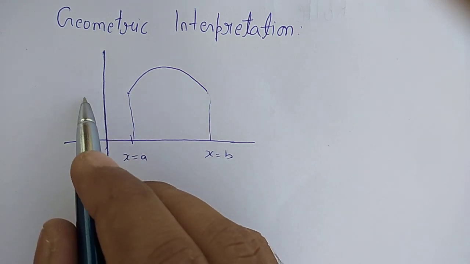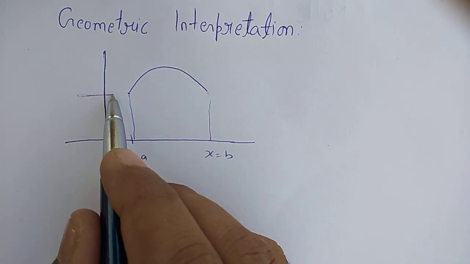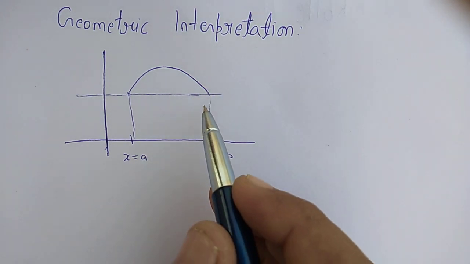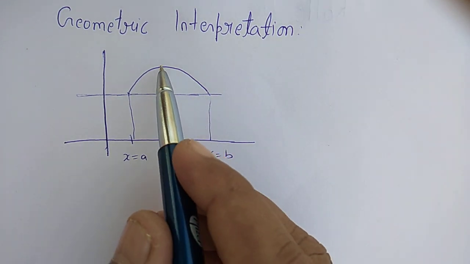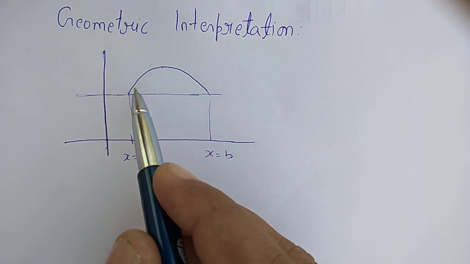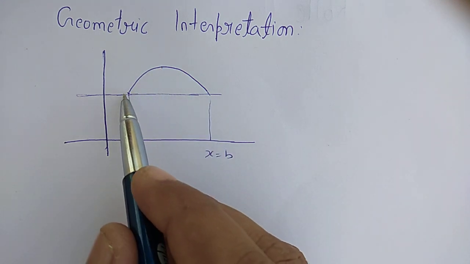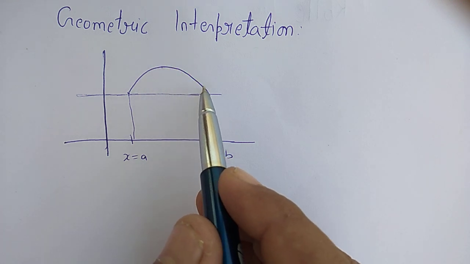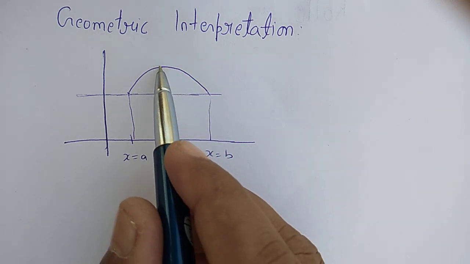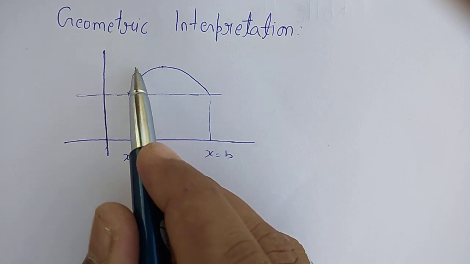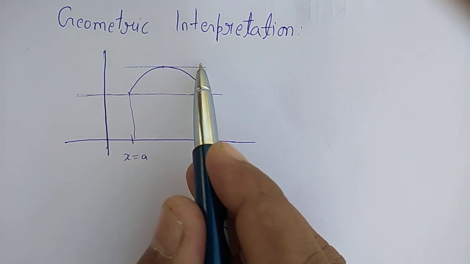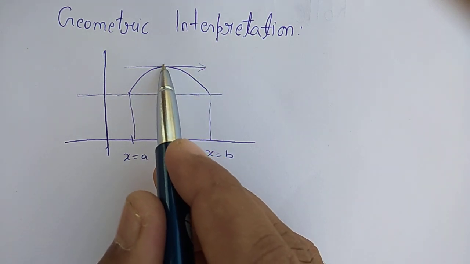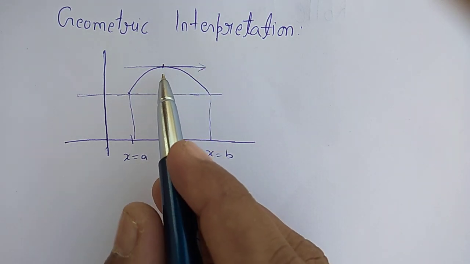You can see the functional value is same at x equal to a and x equal to b. Then you can see here when the functional value is same, it means your graph has taken a turn at one place. So here at this peak your tangent is parallel to x-axis and slope will be 0. So at c, this point, derivative will be 0.